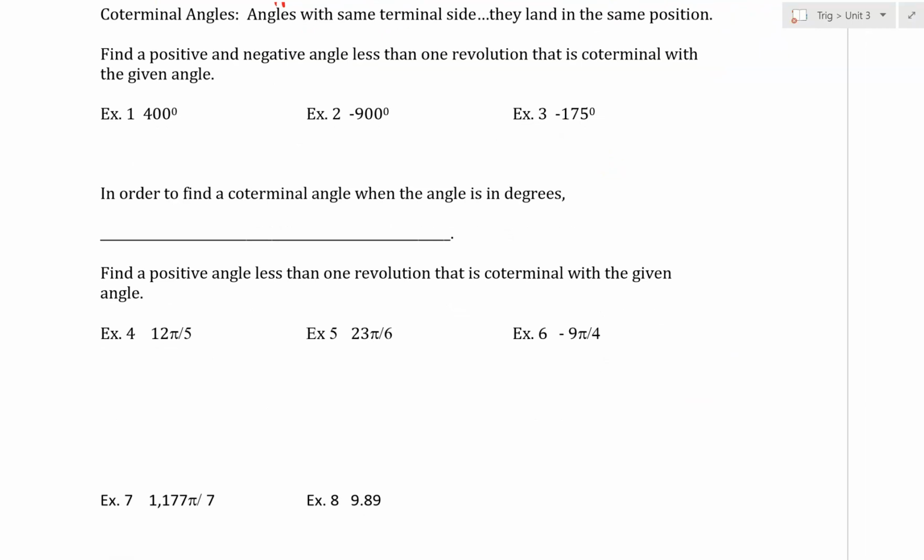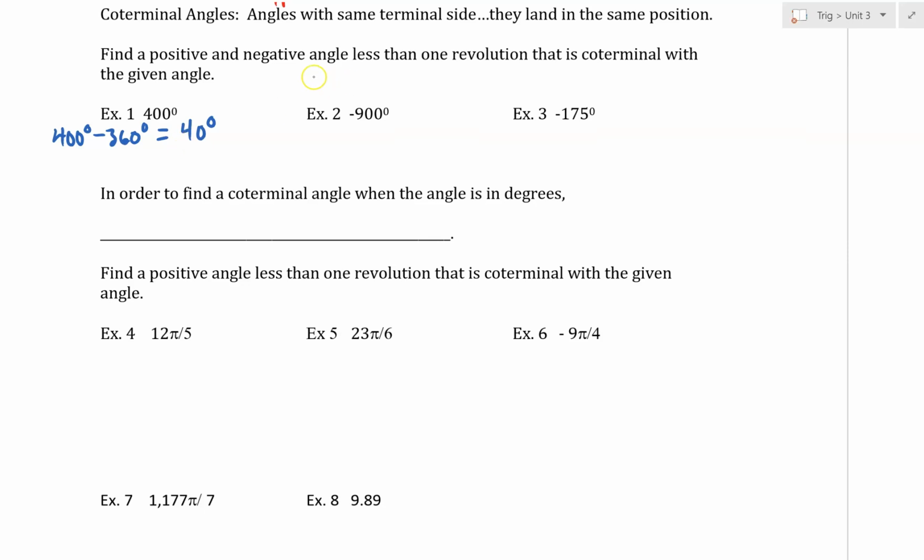When we think about 400 degrees, it's a little more than 360. What we want to do is just subtract from there. So if I have 400 degrees, I'm going to subtract 360 degrees. I want to subtract 1 circle, so that puts me into the range between 0 and 360. In this case, that would be 40 degrees. So that would be 1 positive angle that is going to be less than 1 revolution.